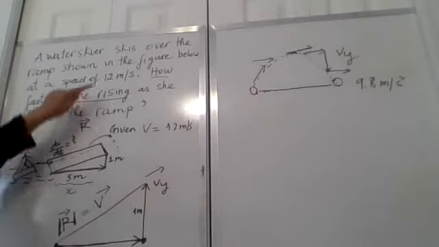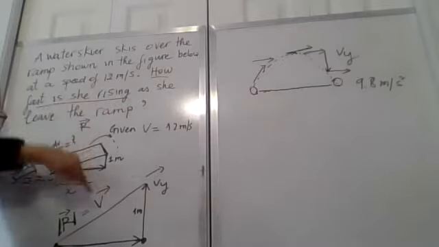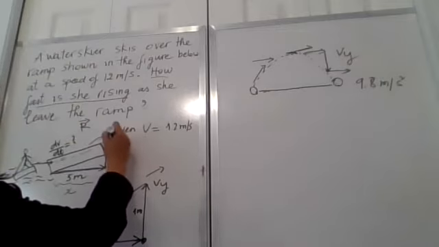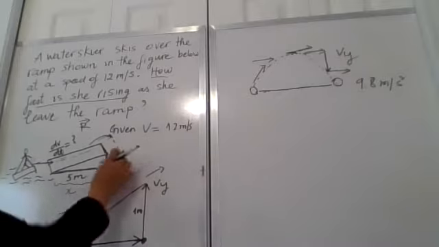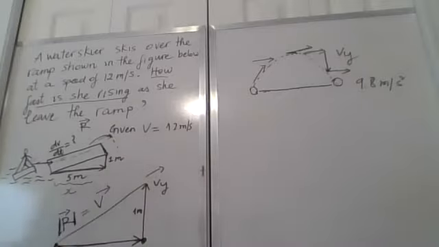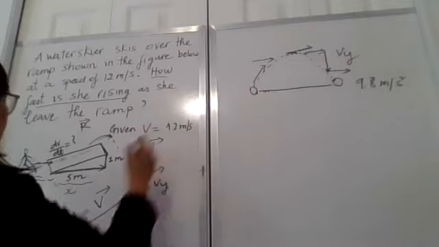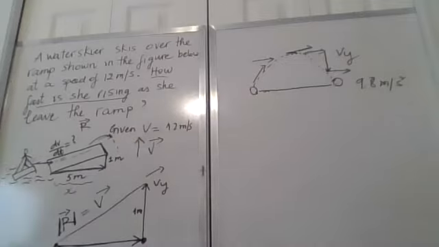How fast does she rise when she jumps up out of the ramp before she falls down? So now let's see this vector component, how fast she rises. We have to calculate that.